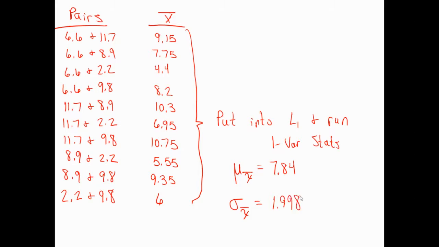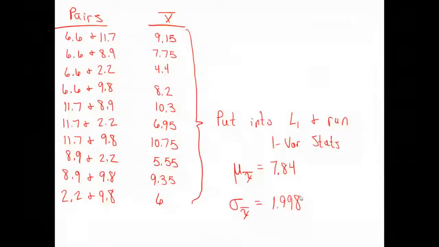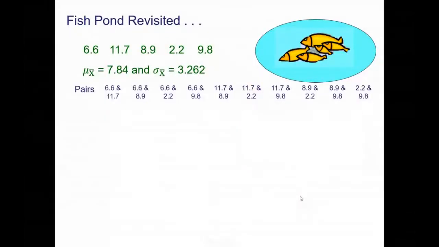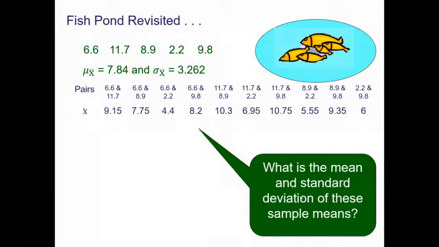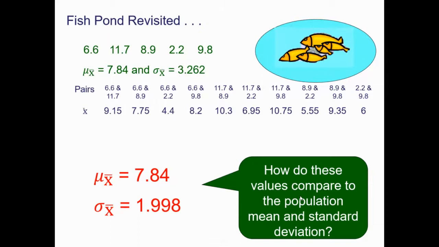Okay, so let me go to the next slide. Okay, we did that. So how did these values that we just found compare to our original population mean and standard deviation?